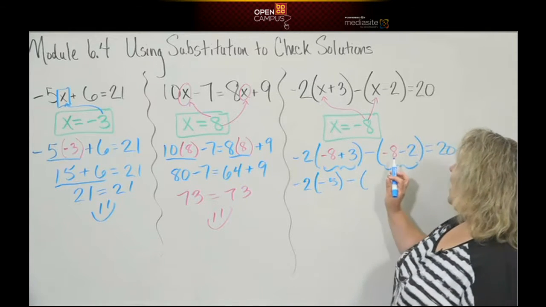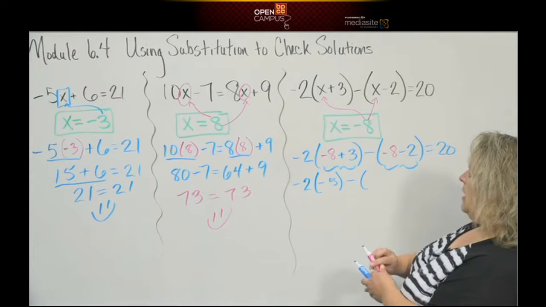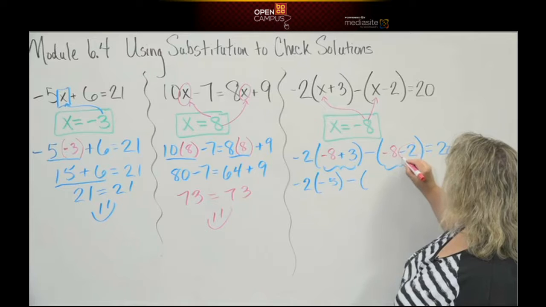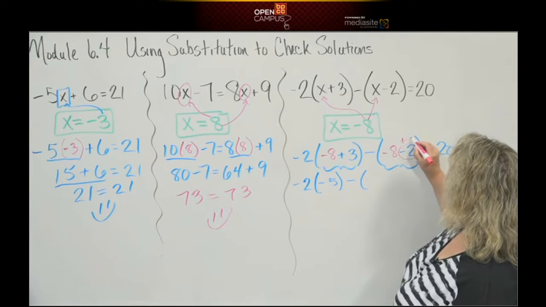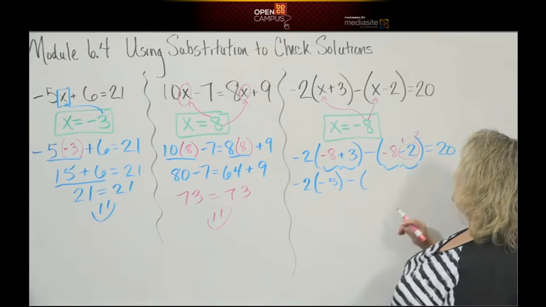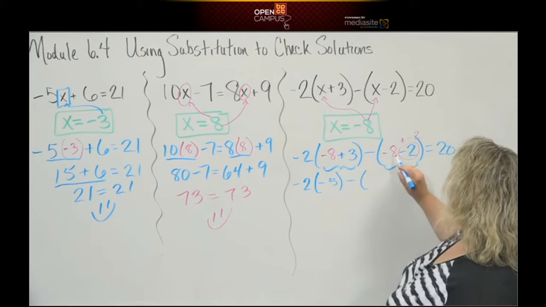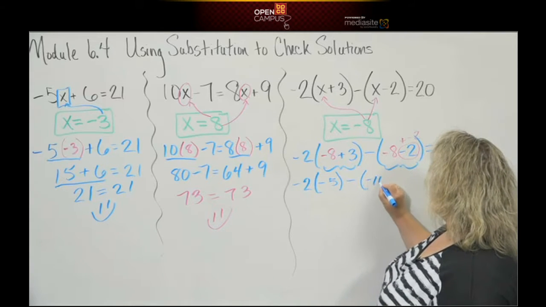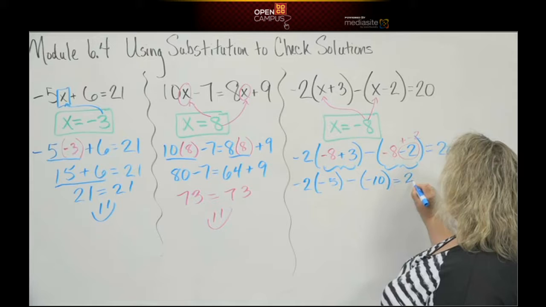Minus, I have a -8. And remember, you add the opposite right here. So this becomes adding a -2 because you have to add the opposite of positive 2. So a -8 plus a -2 gives me a -10. And that is equal to 20.